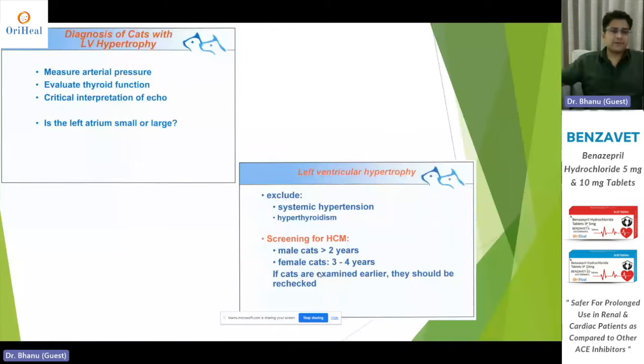So when the left atrium is completely enlarged at end diastole, you measure the diameter, you take a 2D measurement, and the cutoff is less than 16 mm. 16 mm is the cutoff. If it is more than that, it would indicate left atrial enlargement.